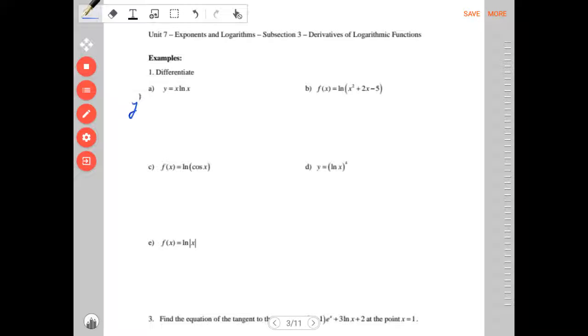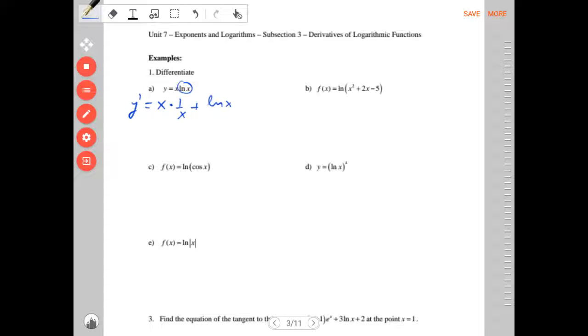So, a, x ln x. This is a product rule again. So the derivative of the first times the second, well, we just learned that the derivative of ln x is 1 over x, plus the second times the derivative of the first.